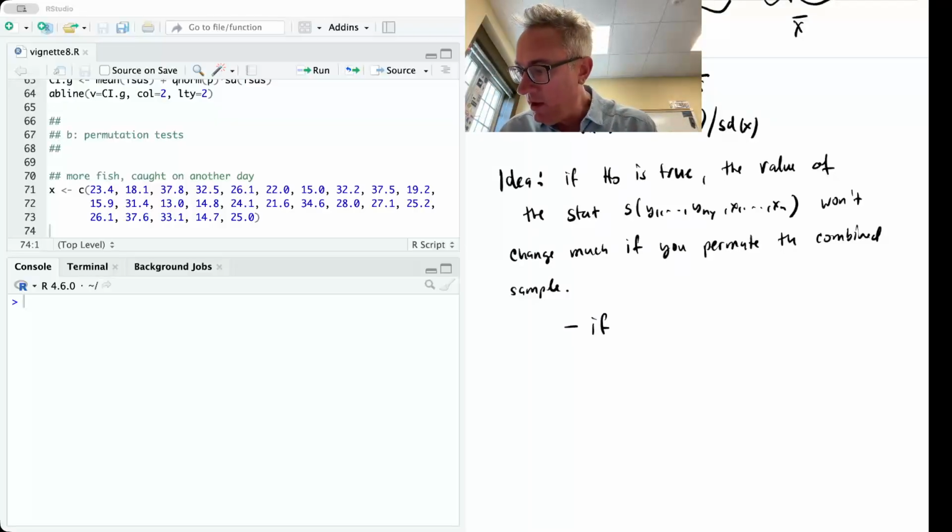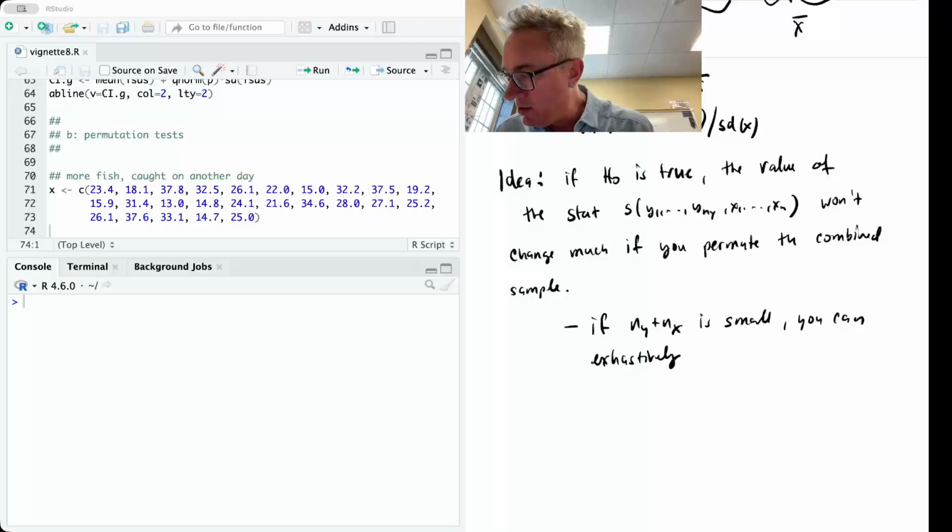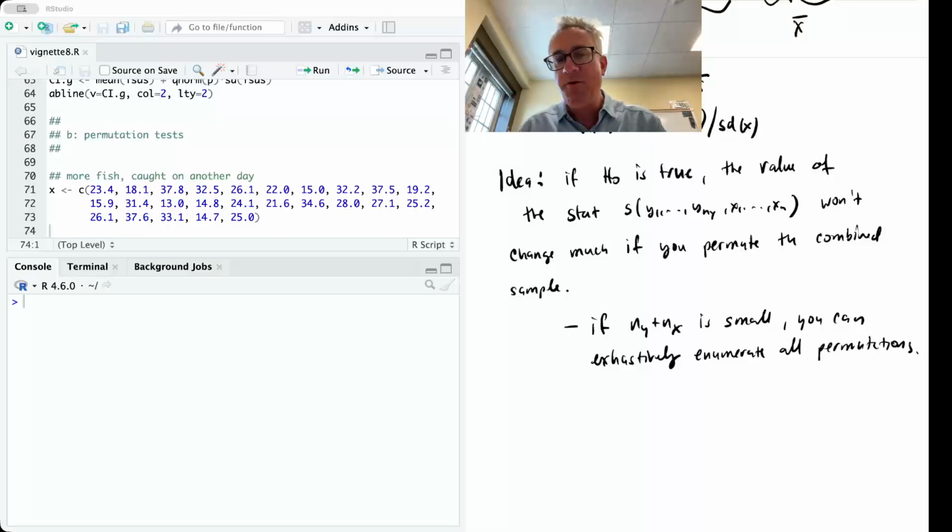If ny plus nx is small, you can exhaustively enumerate all permutations. A permutation is like a shuffling, right? You can permute a deck of 52 cards randomly by shuffling them.